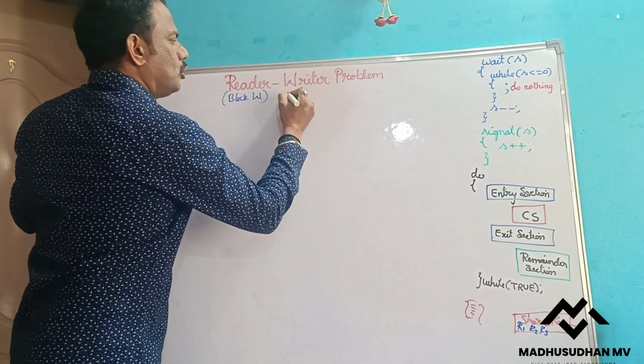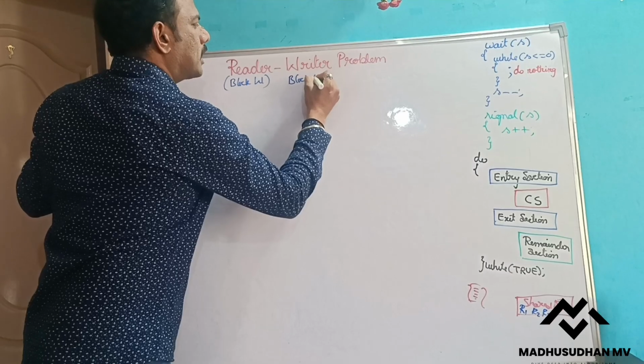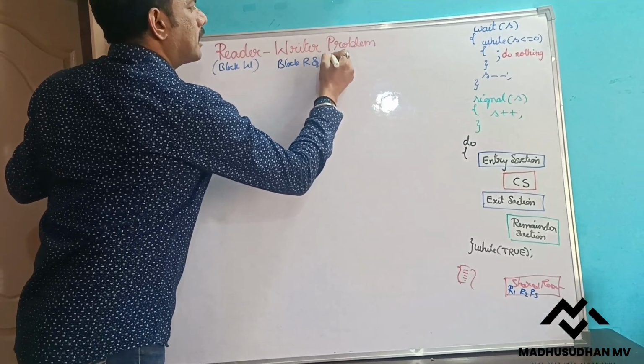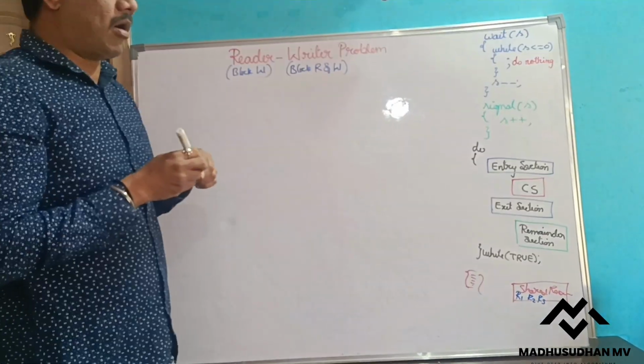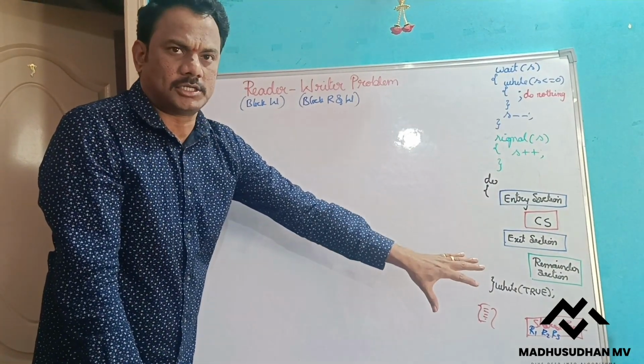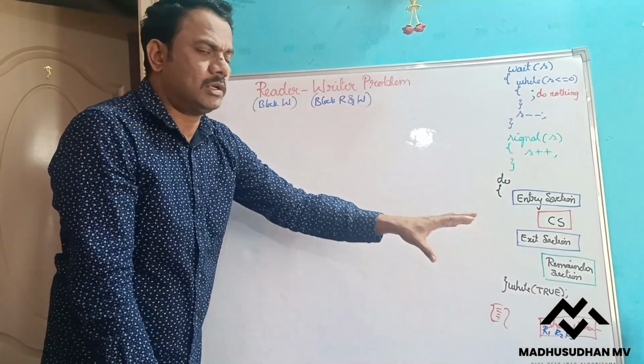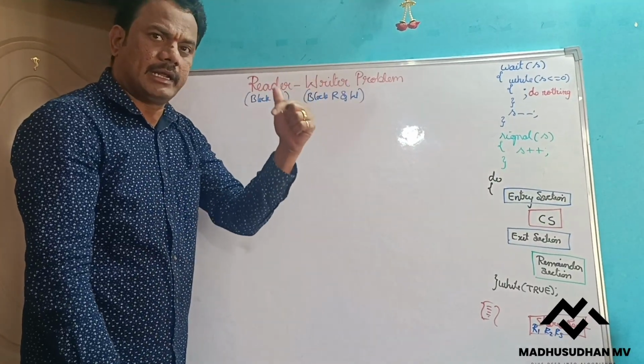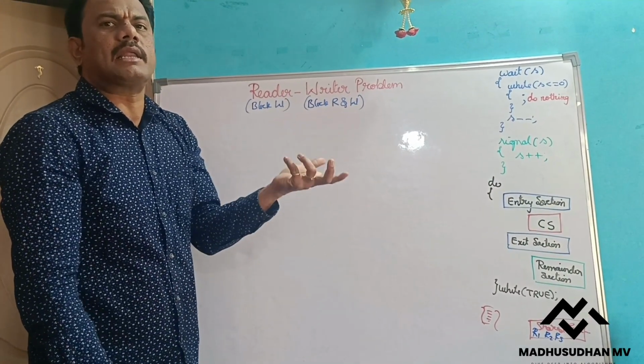We should block both the reader and the writer. So when a writer process is already in the critical section, we should not allow other readers either. Why? What is the problem? It can read, right?